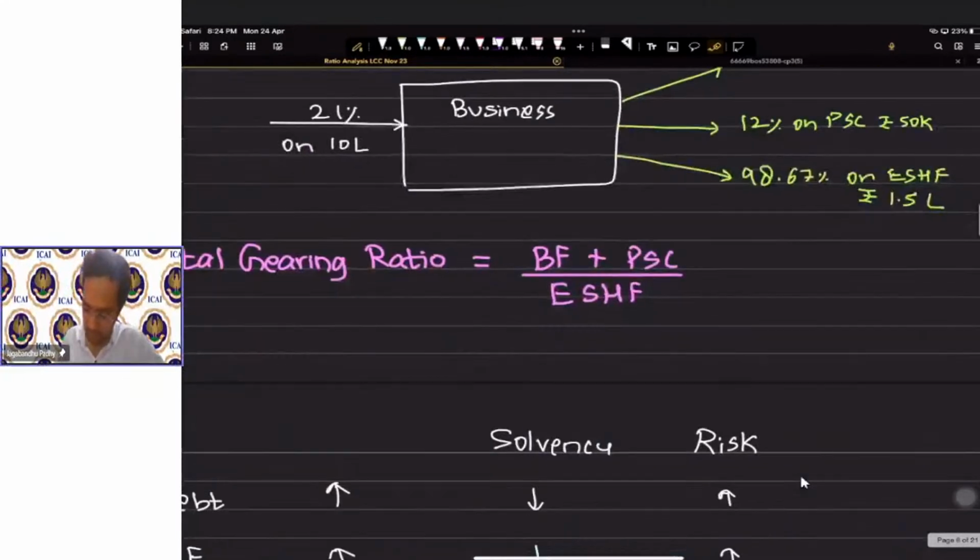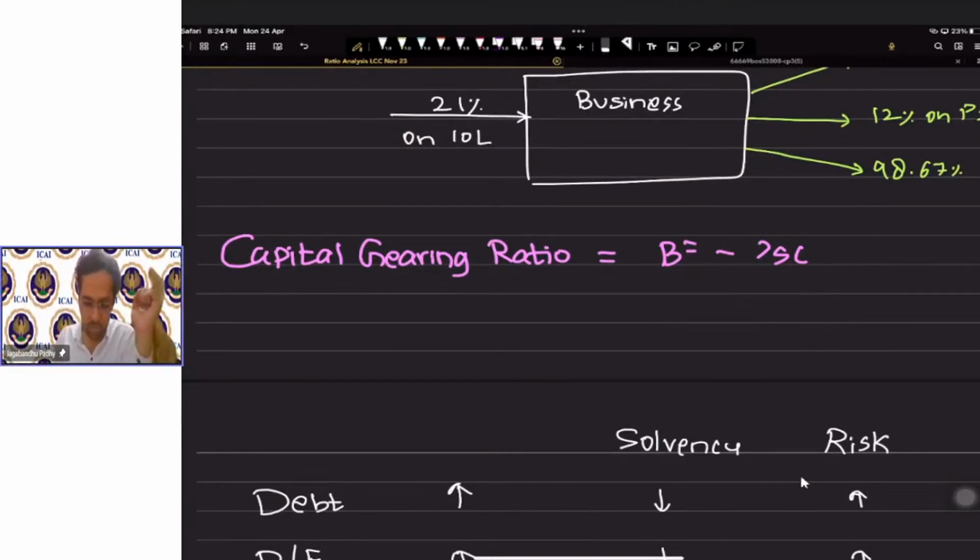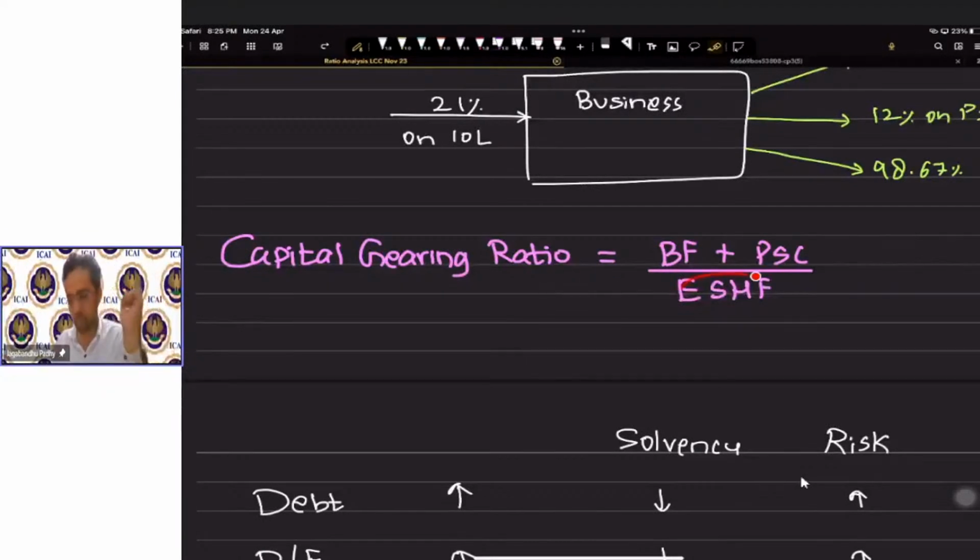The formula is borrowed funds plus preference share capital upon equity shareholders fund. These are the risky funds, right? The borrowed funds and the preference share capital. That's the risky funds because you need to pay a fixed rate of return to them. Whereas the denominator is not a risky fund. The denominator is something where they are buying your shares, which is not risky for the company, by the way.